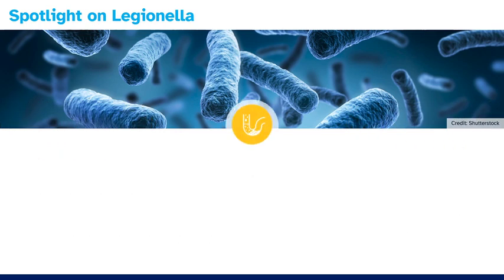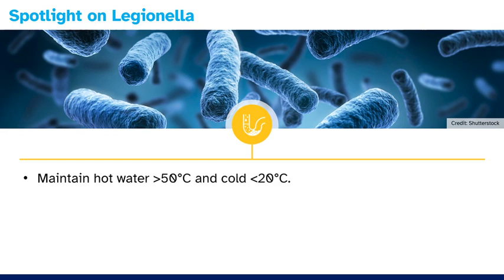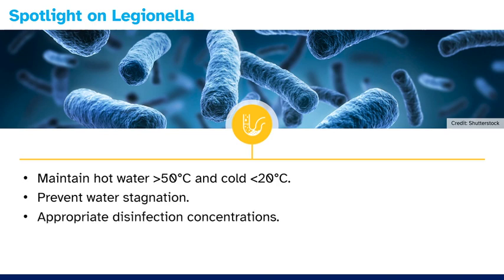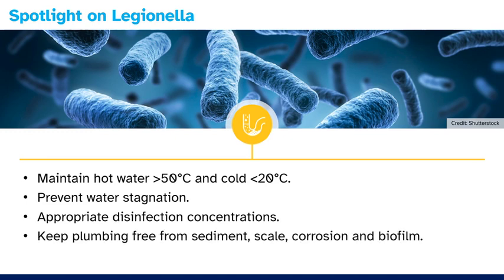There are several basic preventative measures you can take, including maintaining water temperatures above 50 degrees centigrade or below 20 degrees, preventing stagnation by fixing dead ends, ensuring appropriate disinfection concentrations, including after adverse events, and providing proper plumbing to prevent a habitat suitable for Legionella. You may need to consult skilled plumbers and water systems experts for support. WHO and the US Centers for Disease Control both have guidance on mitigating the risk of waterborne diseases and Legionnaire's disease.